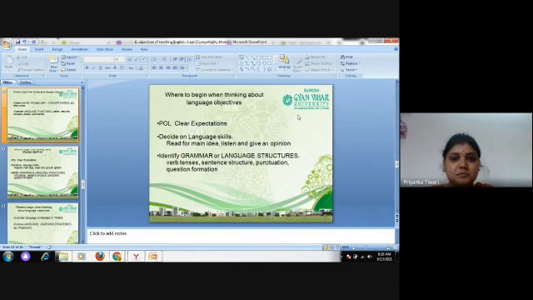Then, clear expectations: decide on language skills, such as reading for the main idea, listening and giving an opinion, identifying grammar or language structures, verb tenses, sentence structure, punctuation, and question formation.